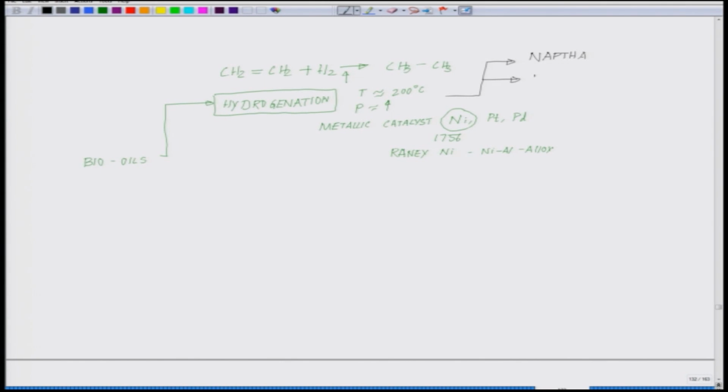Naphtha and diesel are considered as low octane ratings. So, what is this octane rating, and what are diesel and naphtha? Talking about naphtha, naphtha is essentially a flammable liquid hydrocarbon mixture.